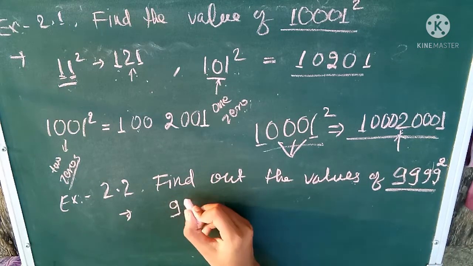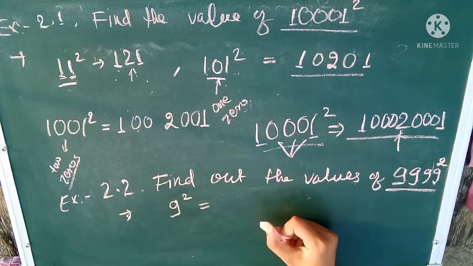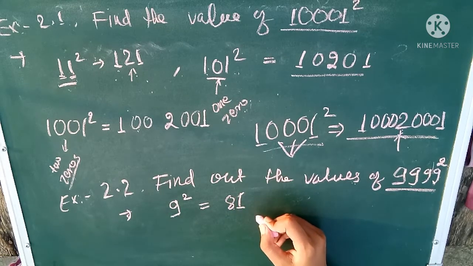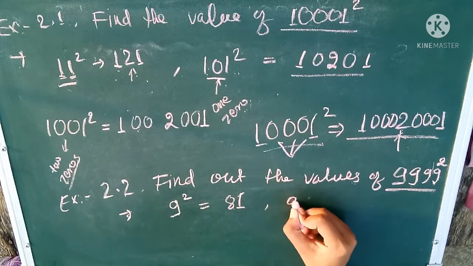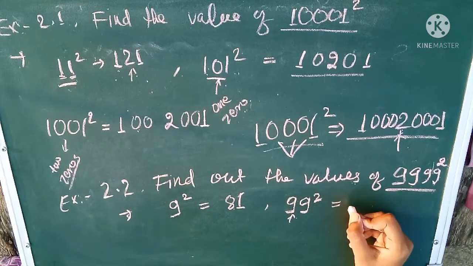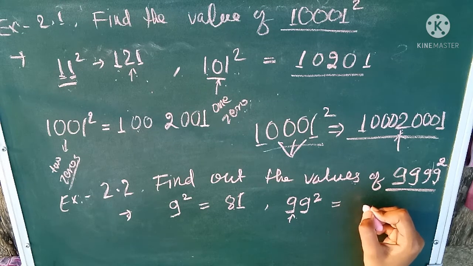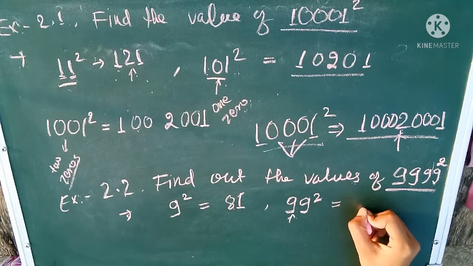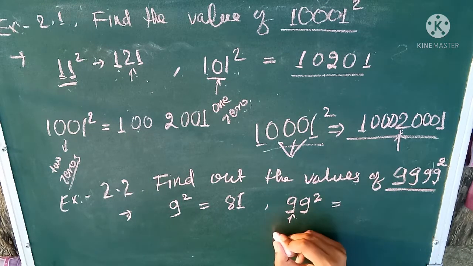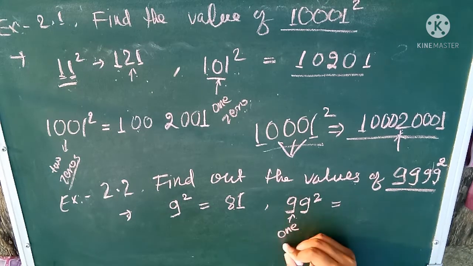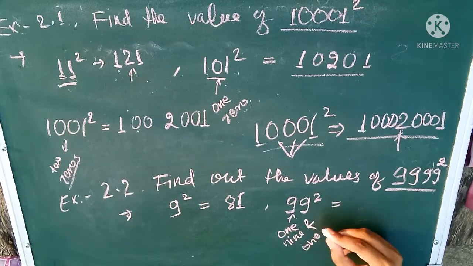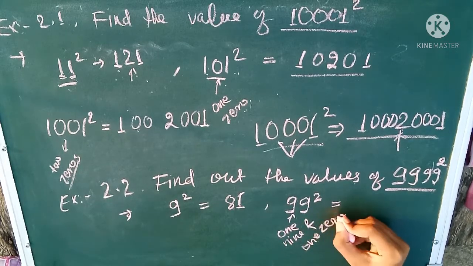Suppose we have to find out the square of this 9. So it will be 9 multiplied by 9 is 81. And now we have to find the square of 99. One 9 is added. So for that extra 9, what we need to change in the result? For this extra 9, we need to add a 9 and a 0 in the result.